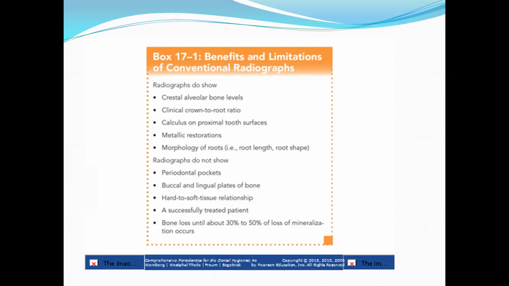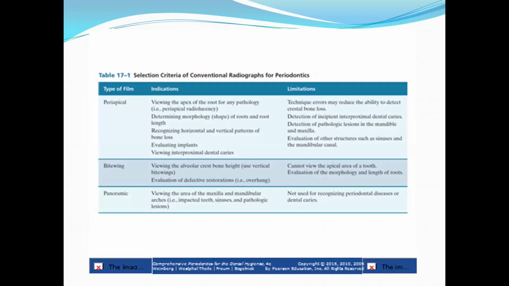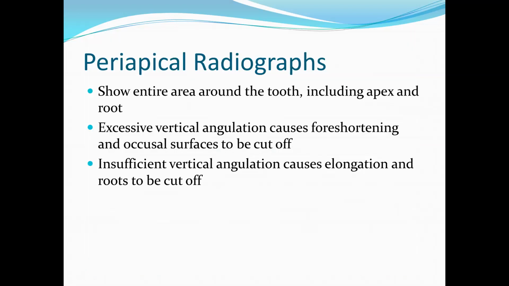The benefits and limitations to radiographs, you know. Table 17.1, all you need to do is review that for the indications and limitations. Periapical radiographs, hopefully you have had some practice when you've had your clinicals, that you've been able to take some radiographs on your patients this semester.